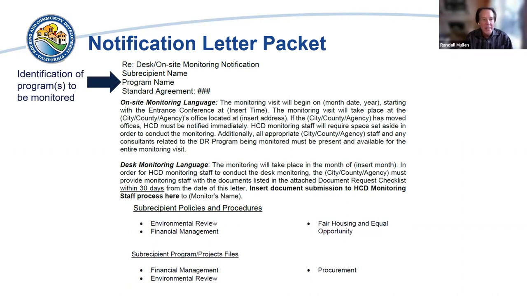It begins with the identification of the programs to be monitored and identifies the topic that will be the focus. In the case of the upcoming monitoring later this year, that will be financial management, and the program name will primarily focus on multifamily housing, the MHP program.